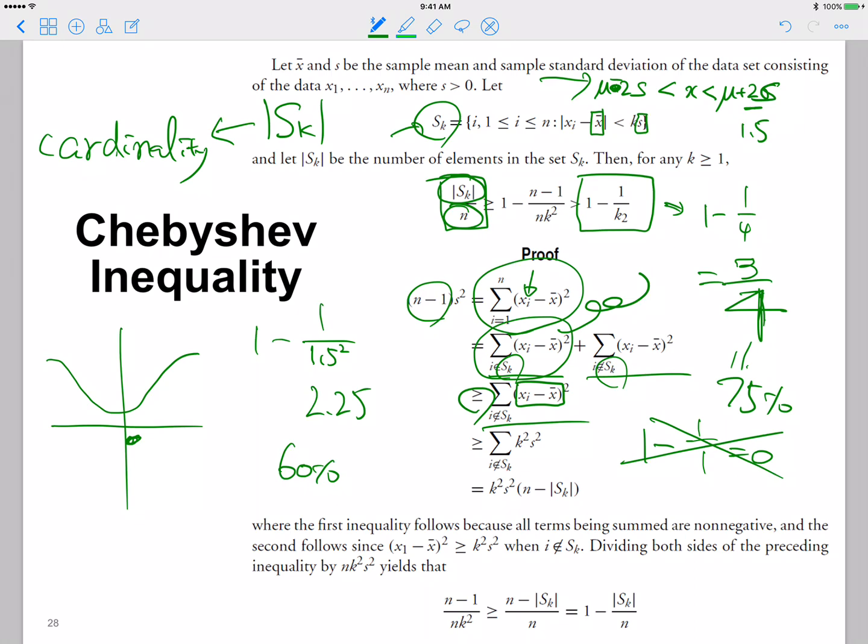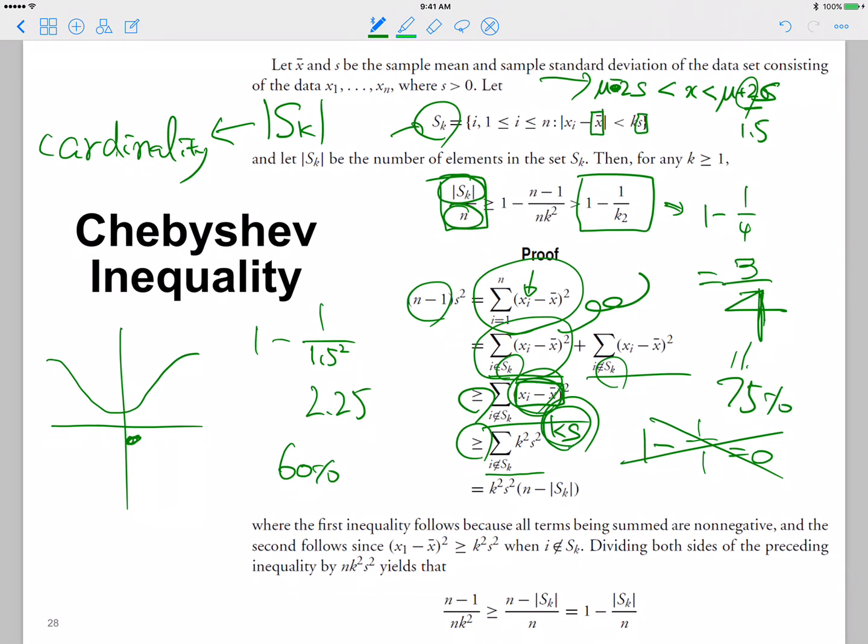By definition, that set is those data items outside of our range. So the minimum value of this distance will be 2s, or in this case ks, when we say k times s. This is the minimum possible value for each data item outside of our range. We plug in that minimum value, which is the smallest possible, though in practice the sum will be bigger than that. So we can replace this term with this and introduce this inequality sign.